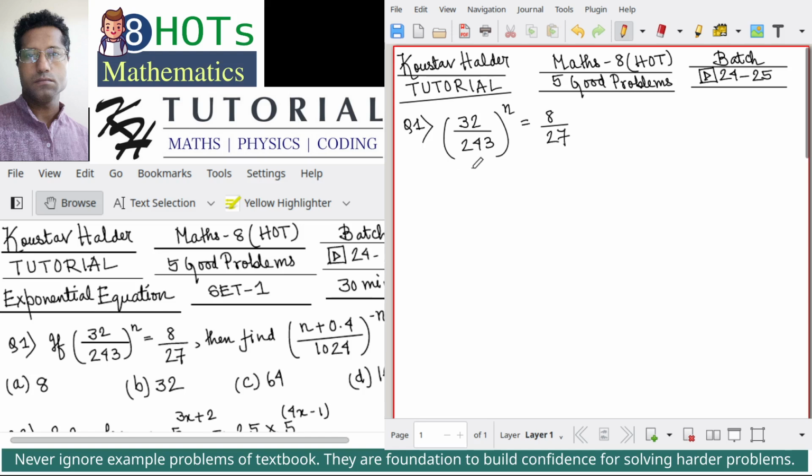So first, see how we can convert the right hand side, 8/27, which is in rational form. Can we write it in exponential form?